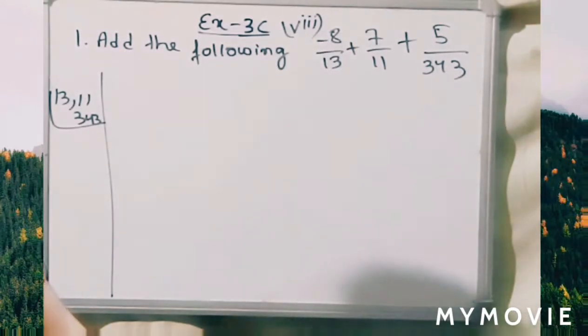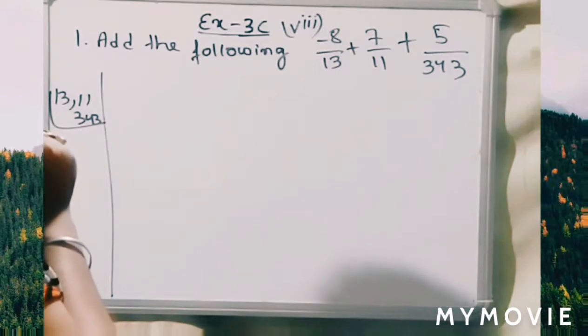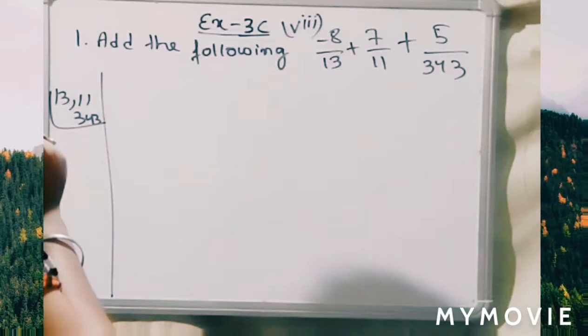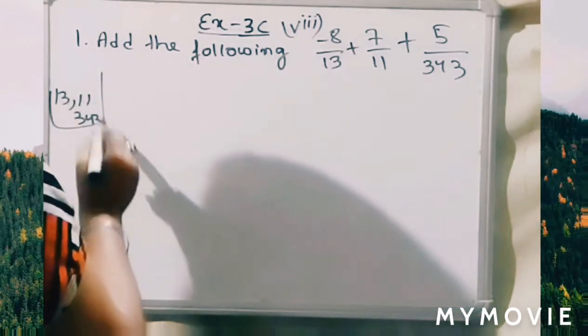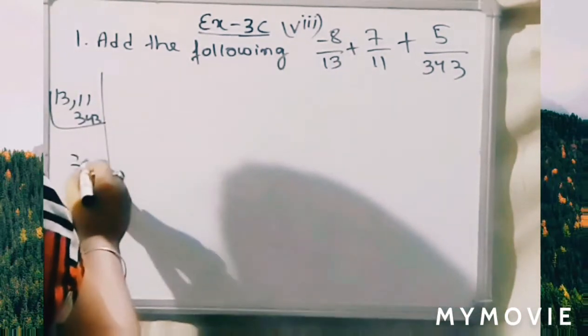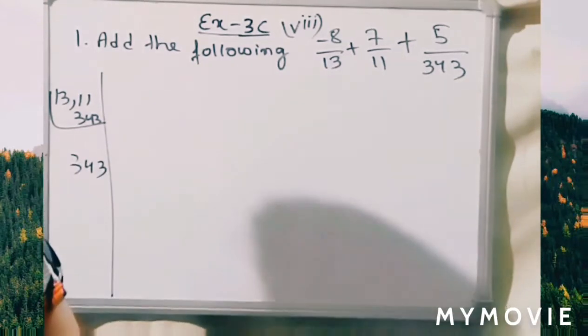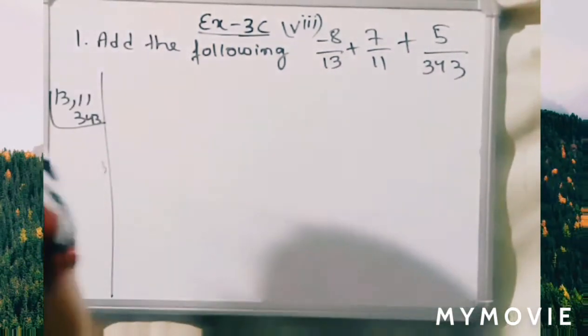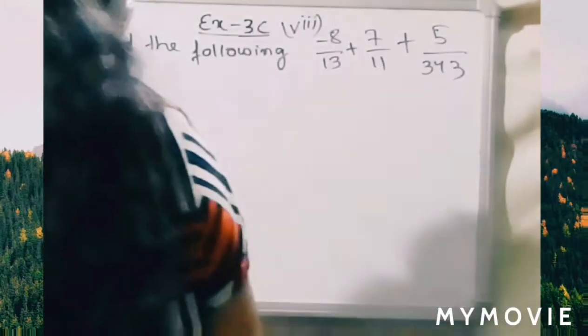Is it divisible by 13? 13 2s are 26, it will not be possible for 13. Will 343 be divisible by 11? No. So your LCM will be the product of these 3 numbers.